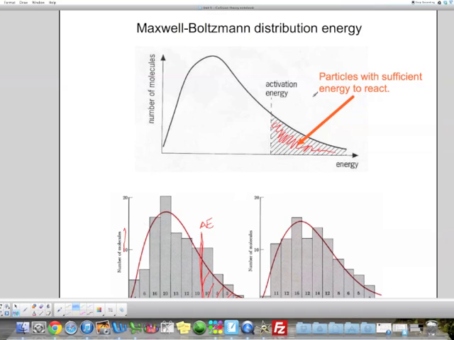So these particles have sufficient energy to react. They have more energy than the activation energy, the energy required to go over the hill. Now these here don't have enough energy, so they'll have elastic collisions, as opposed to these that will have inelastic collisions.